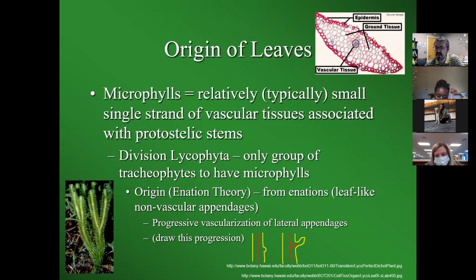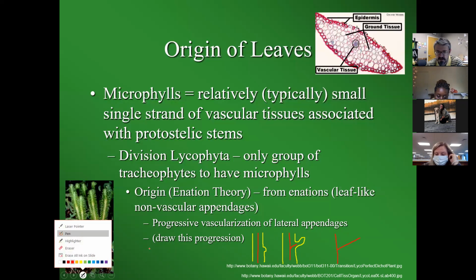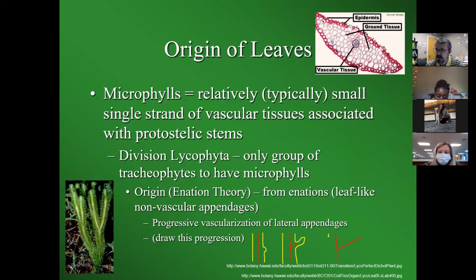Here we don't have anything going in it, but here it's kind of trying. Over here, it'll eventually put vascular tissue fully into something that we would call a leaf. Do y'all see what's going on there? This is called vascularization of lateral appendages, which will basically become leaves. Does that work for y'all? Okay.